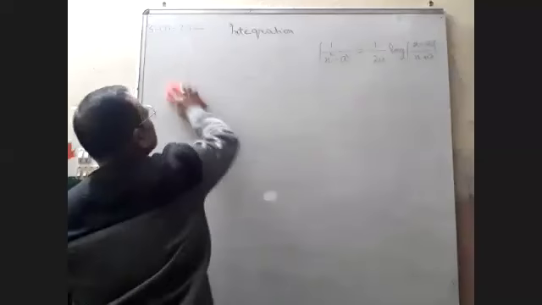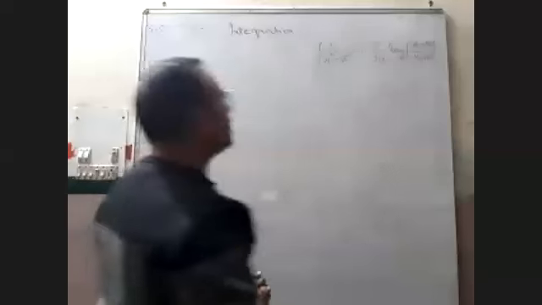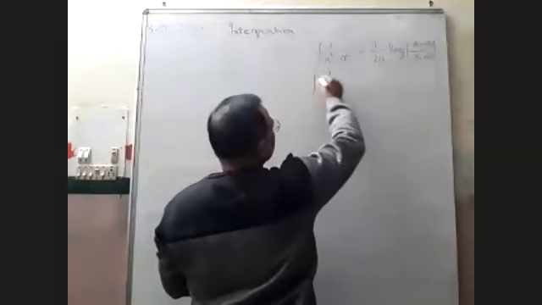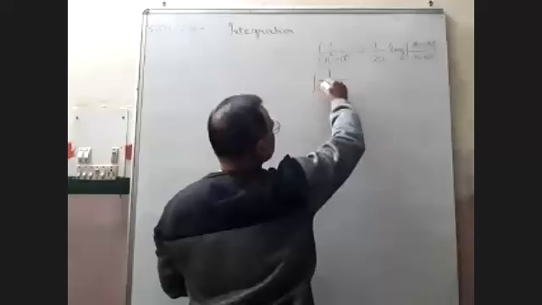Similarly, some other formulas are also there. It is just similar to what we have done for 1 upon x square minus a square. It may be 1 upon a square minus x square.